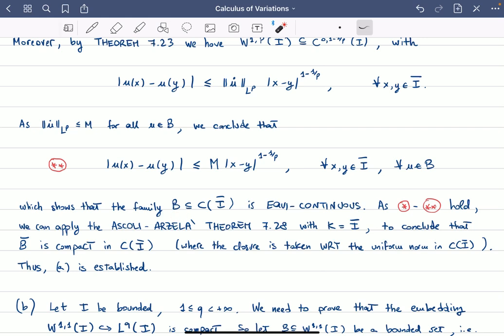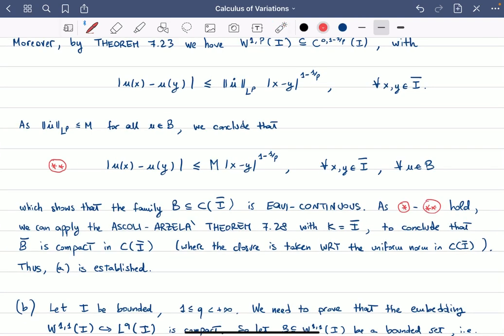You can check that, but it's very simple, because equicontinuity was saying that for every epsilon larger than 0, you must find delta such that the absolute value of x minus y less than delta implies the absolute value of U of x minus U of y less than epsilon, but for all U in B. Now it's easy, because we know that U of x minus U of y is less or equal than m times the absolute value of x minus y to the power of 1 minus 1 over P. So we say that this is less than epsilon, and this is so if the absolute value of x minus y is less or equal than epsilon over m, to the power of 1 minus 1 over P to the power of minus 1.